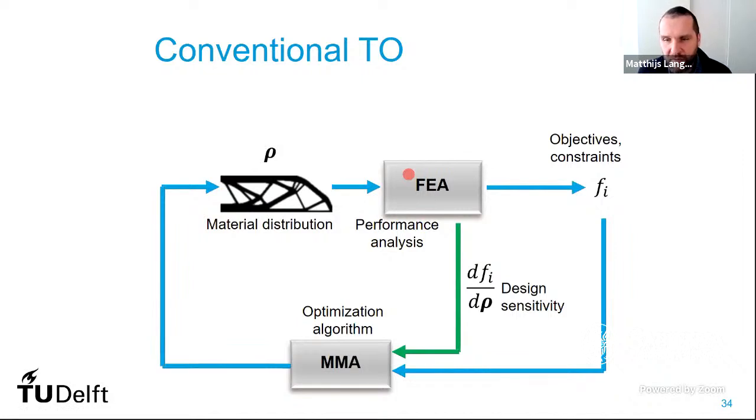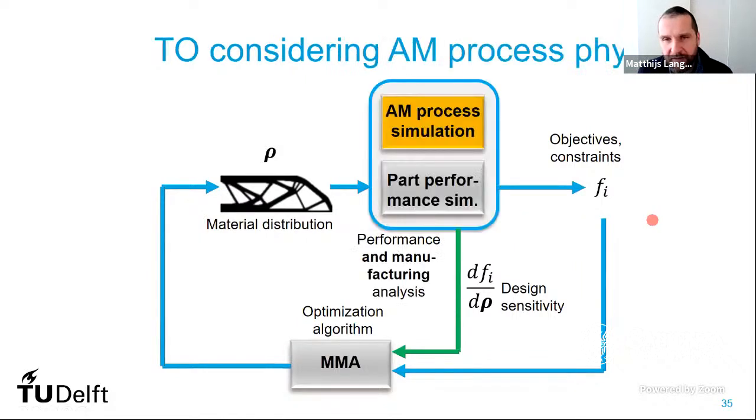And also here I come back to my standard scheme. If we think about how we could do this, it essentially requires that we do another simulation next to the performance simulation for the mechanical objectives. We need to do a process simulation so that we can also control the maximum temperature, for example, that occurs during the process.